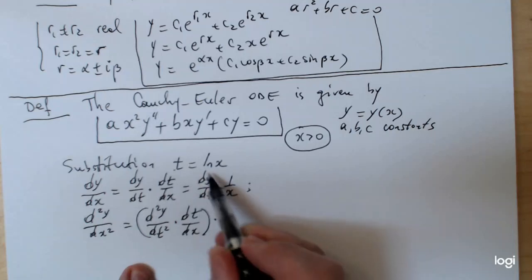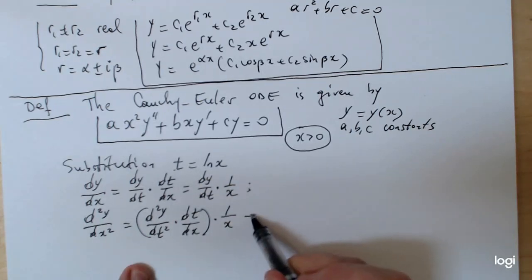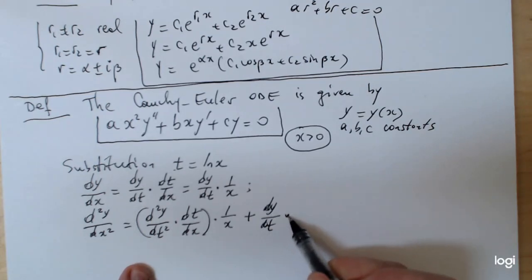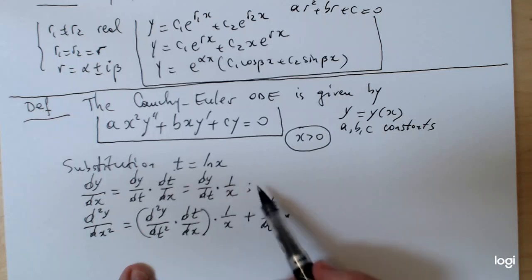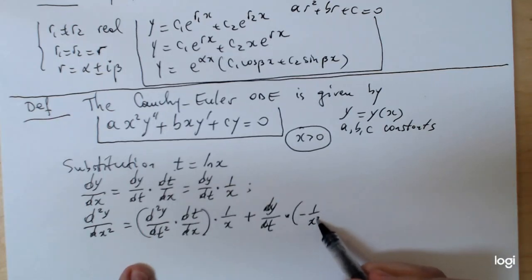So that's the derivative of dy dt. Keep the 1 over x as it is. And continue with the product rule, dy dt times the derivative with respect to x of 1 over x, which is, of course, minus 1 over x squared.